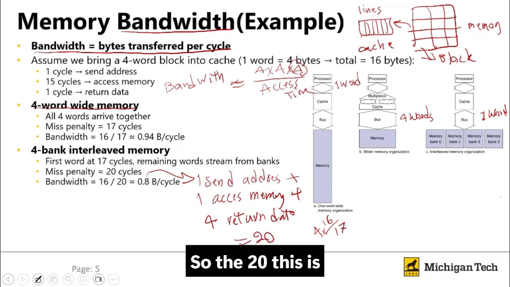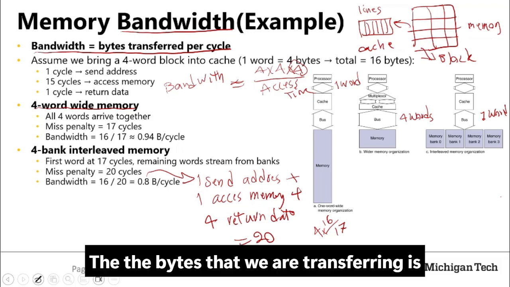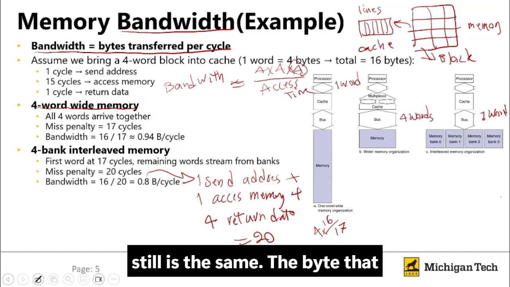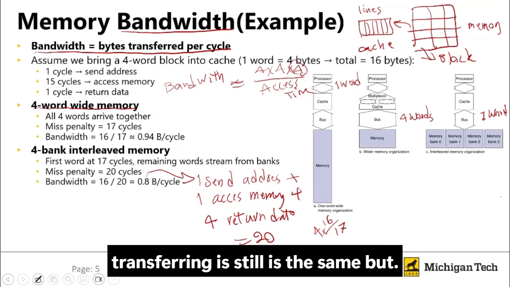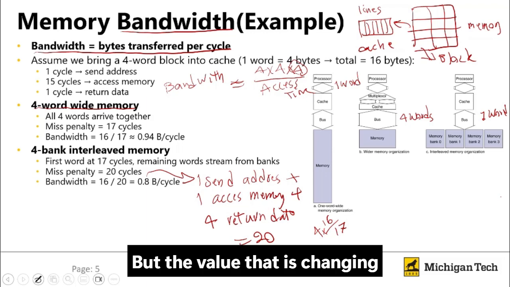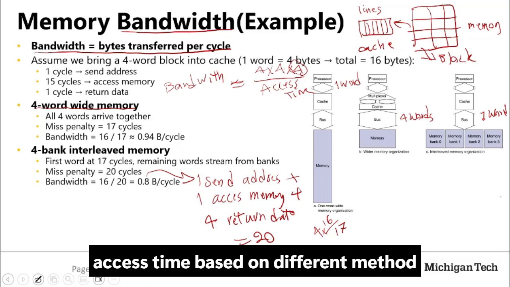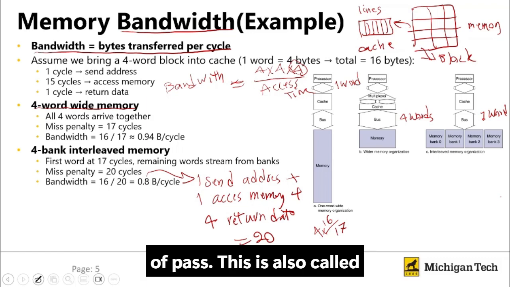So the 20, and this is still 16. This is not changing. The bytes that we are transferring are the same, but the value that is changing is this access time, based on the different method of bus.